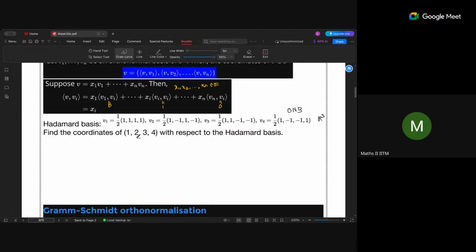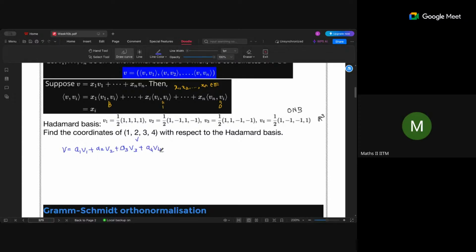Let's say this vector is v. So can we write v as a1 v1 plus a2 v2 plus a3 v3 plus a4 v4?